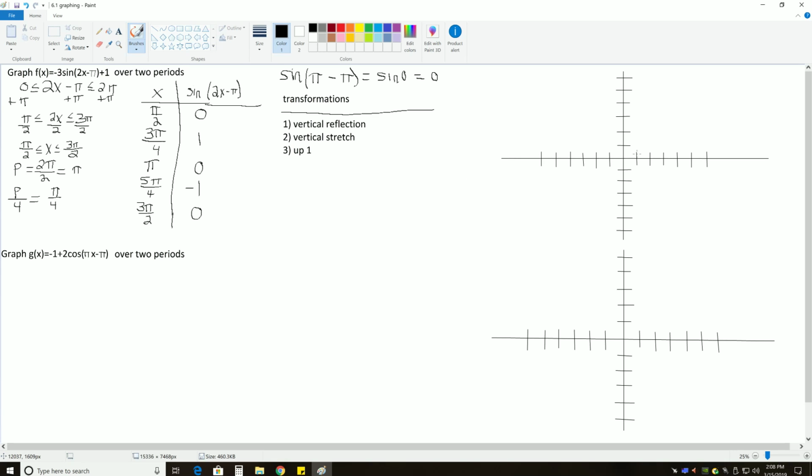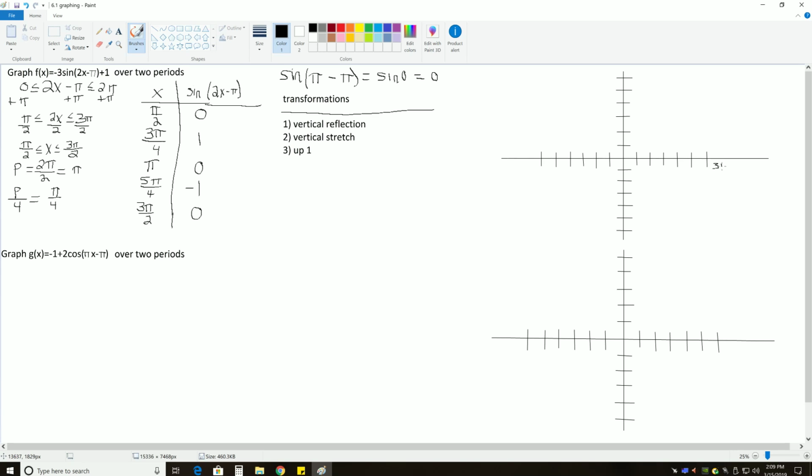So if we were to say that this were pi over 4, then this would be pi over 2, 3 pi over 4, pi, 5 pi over 4, 3 pi over 2. So these tick marks are enough to do one period of our graph.